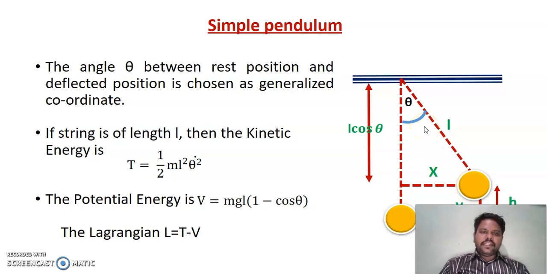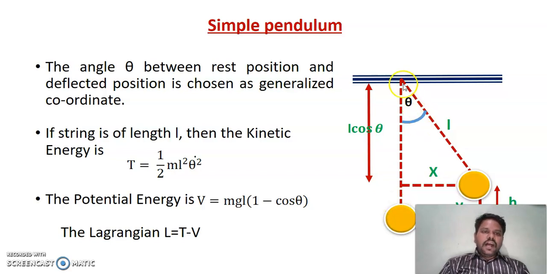We find that the simple pendulum is constrained to move in a plane, with x and y. In plane polar coordinates, r and theta are the coordinates required to specify the simple pendulum.